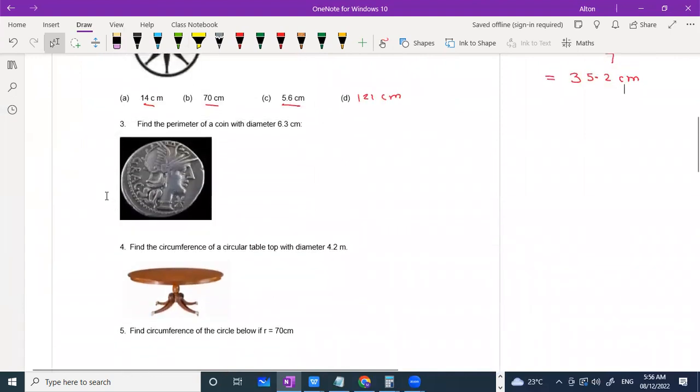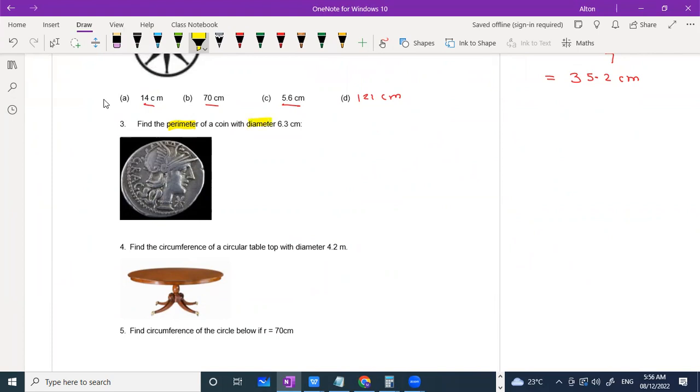And in number 3, you're given the diameter as 6.3. So they want us to find the perimeter of the coin. Of course, you would realize that the word perimeter here is the same as the circumference.